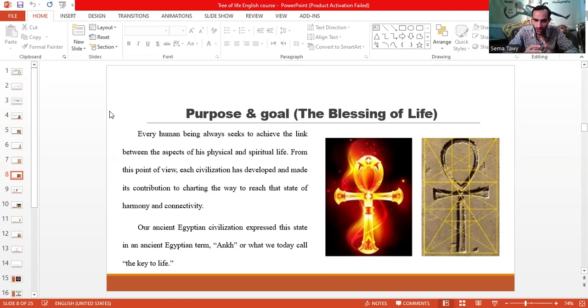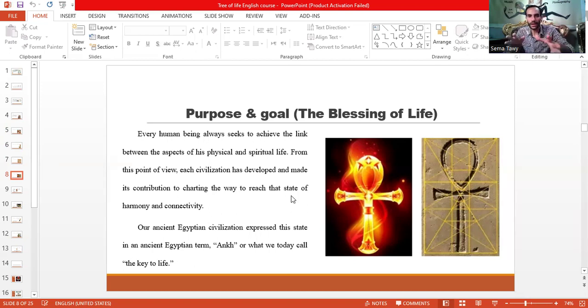Our ancient Egyptian civilization expressed this state in an Egyptian term, Ankh, or what we today call the key of life. The goal is blessing of life. What is the kind of blessing of life?